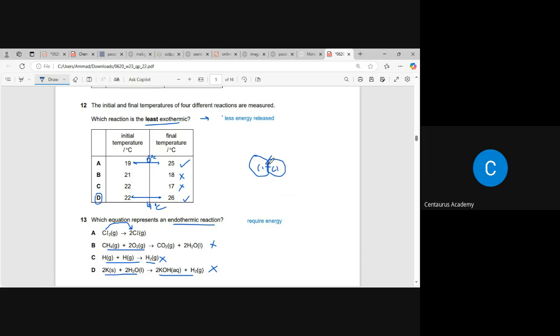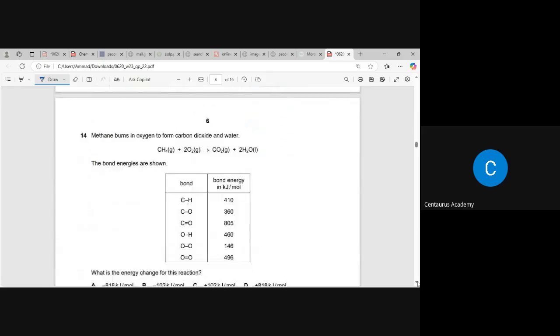Now you want to break this bond apart to form two chlorine atoms in their gaseous state. So this is going to require energy to convert gaseous molecules into gaseous atoms. So A is requiring energy, right? Energy is required to break apart or to overcome the bond enthalpy, which means A is going to be the correct answer in this case.